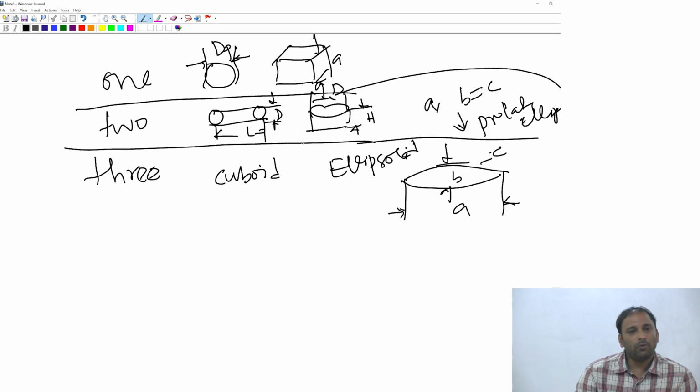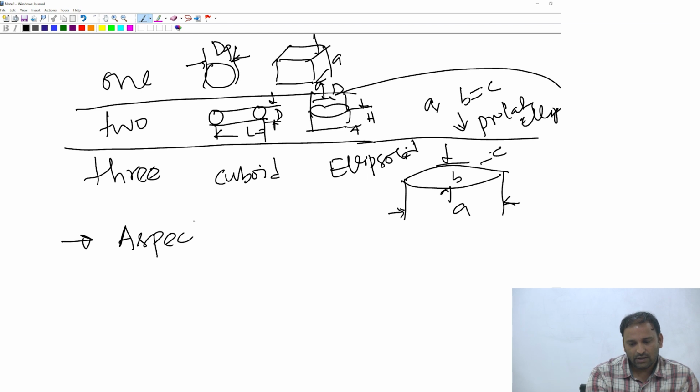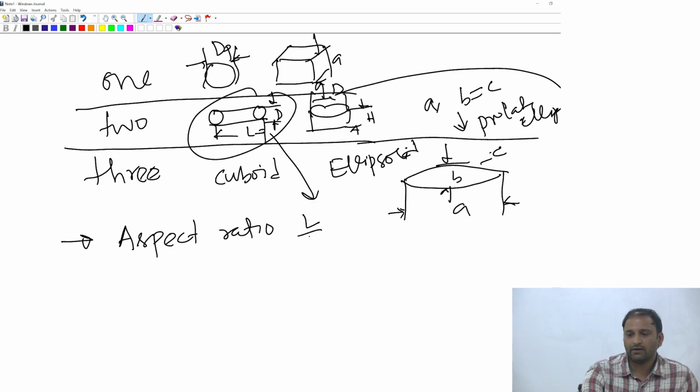When people talk about particles that are not spheres, that is, non-spherical particles, one of the parameters that people always talk about, if you go through the literature, is something called the aspect ratio. In the case of a cylinder, your aspect ratio is L by D, that is, the length of the rod divided by the diameter.